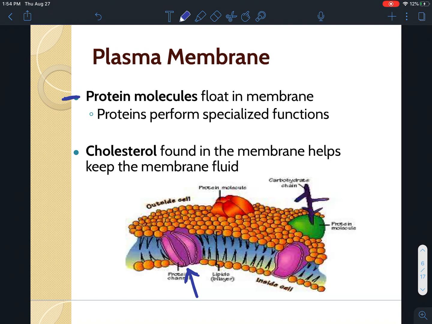A random bacteria, though, can't get in because it doesn't have the right ID card. Okay, so protein molecules primarily are channels, and we'll learn more about that when we get to transport. Just know that they exist at this point, and then there are other proteins embedded in the cell that have some other functions that we'll talk about in a few minutes when we get to cells that stick together.